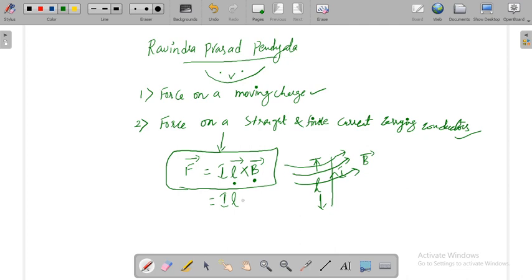So I can write this as I L B sine of the angle between L and B. This is the magnitude of force. For the direction, I can write a N bar, because the direction of force is always normal to the plane containing the length vector and B bar. In this way we can find the force on a finite current carrying conductor in a magnetic field.